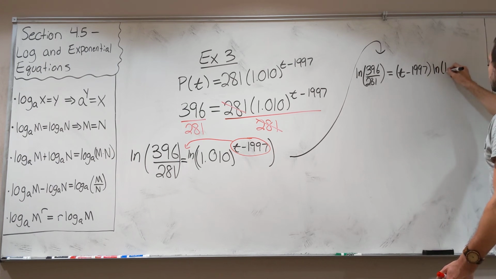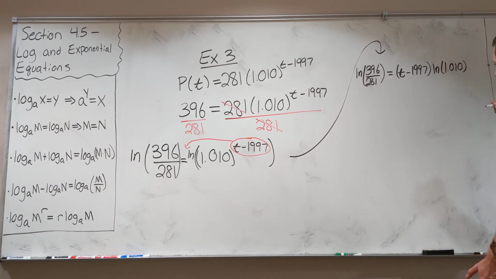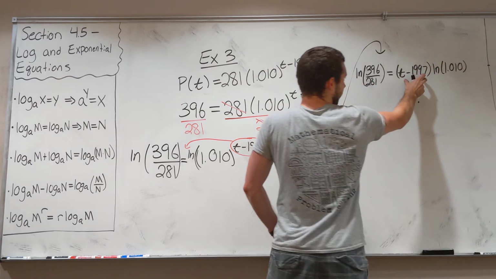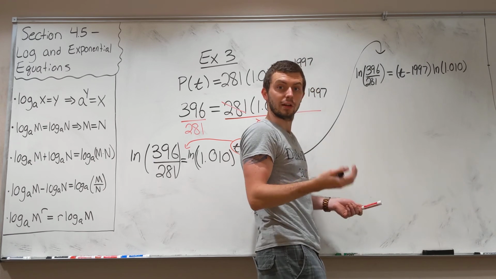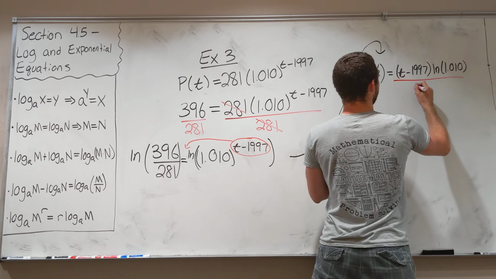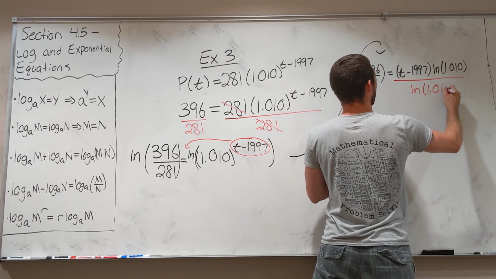The natural log of 1.010. And now what we can go ahead and do is divide both sides by the natural log of 1.010. That would get the t minus 1997 by itself. So let's go ahead and do that. Divide both sides by natural log of 1.010.